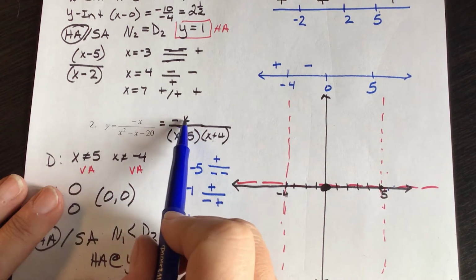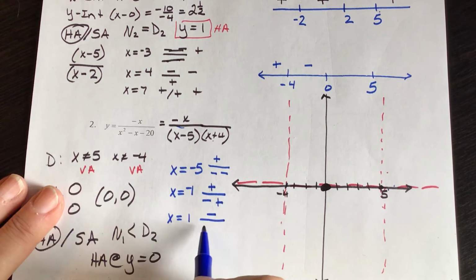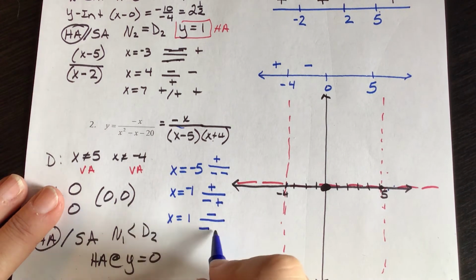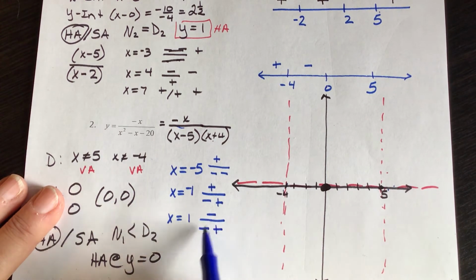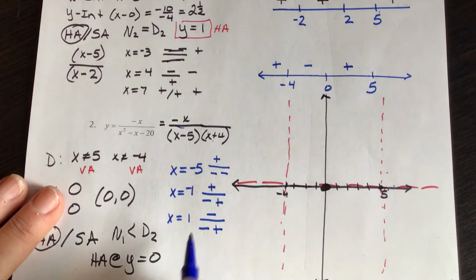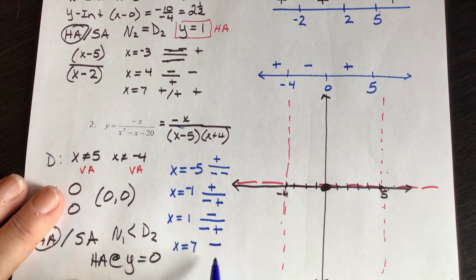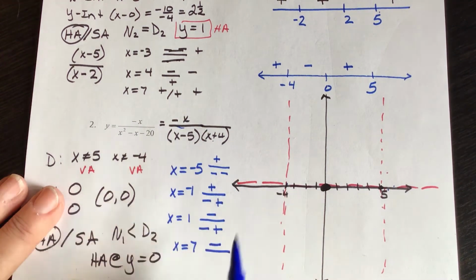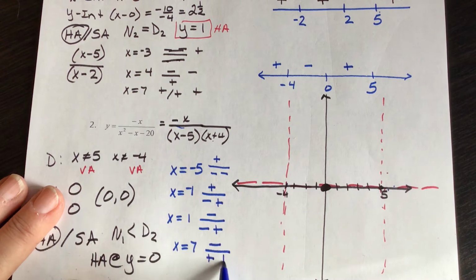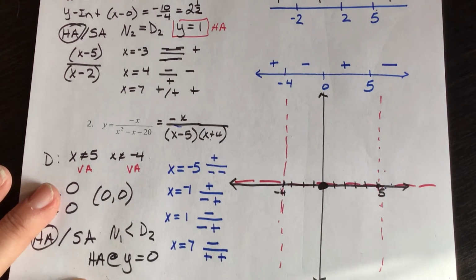Now the opposite of 1 is negative. 1 minus 5 is also negative, and 1 plus 4 is positive. Now the two negatives here make this section positive. And now the last section, something bigger than 5, let's do x is 7. The opposite of 7 is -7. 7 minus 5 is positive, and 7 plus 4 is positive, so this is negative.